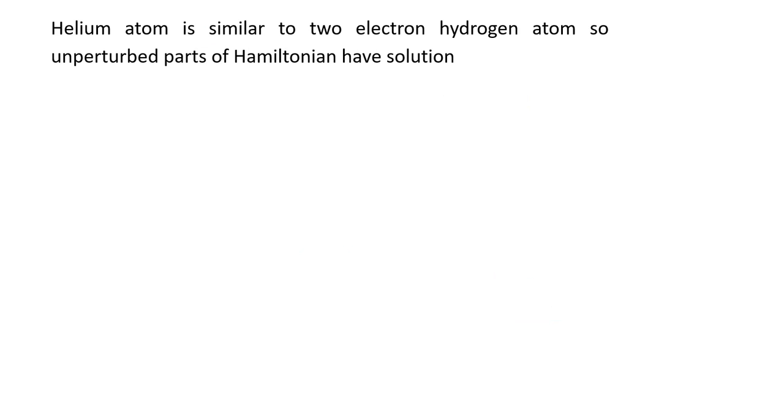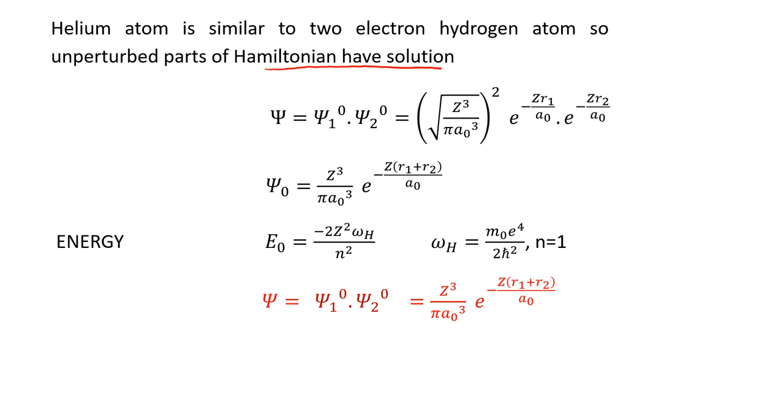Helium atom is similar to a two-electron hydrogen atom. So the unperturbed part of the Hamiltonian has a solution psi equal to the product of the wave function of one electron and the wave function of the other. For a hydrogen atom, one nucleus plus one electron, the electron moves around the nucleus.